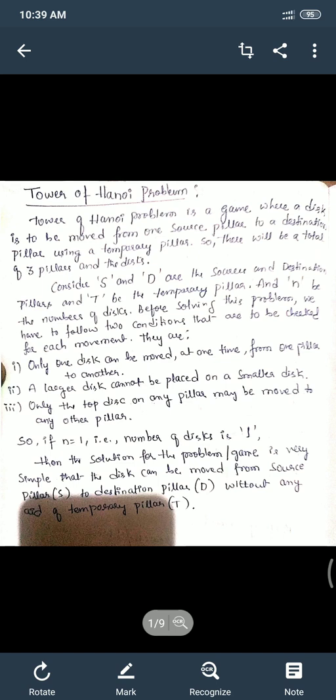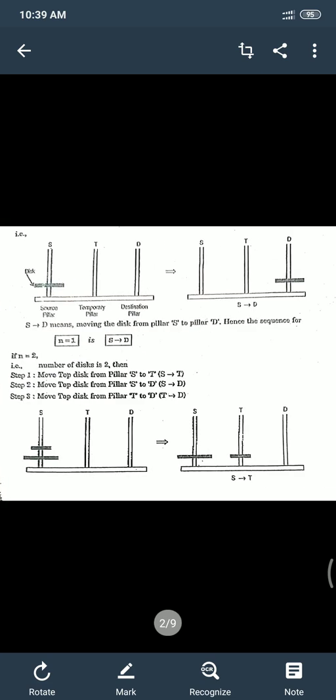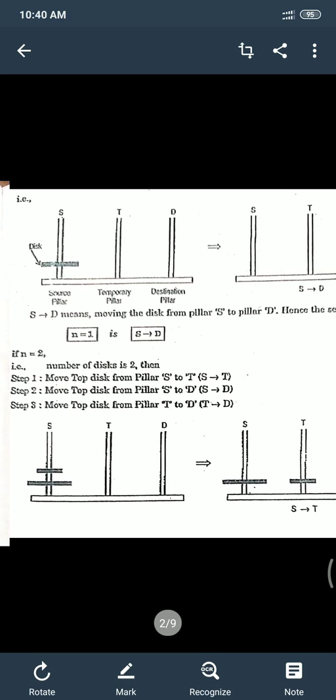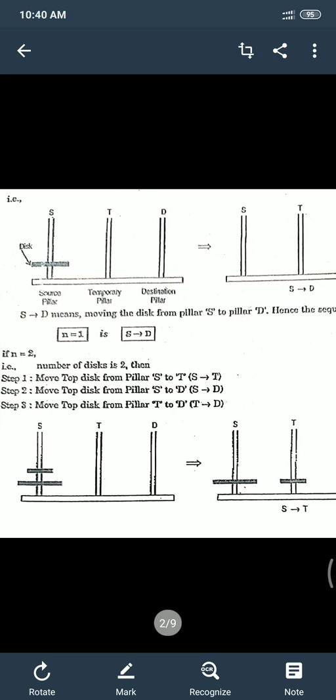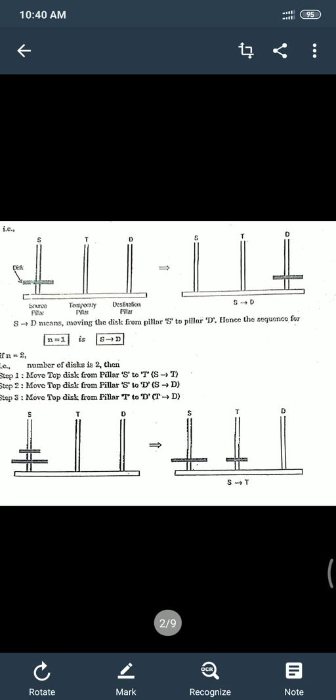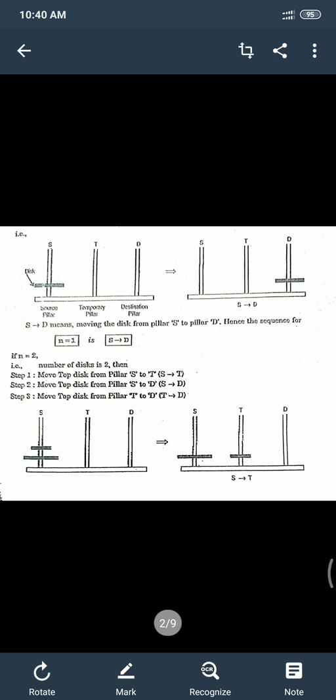I would like to show you this example. If the source pillar has only one disk, that is, the n value is 1, it is very easy, with no need of a temporary pillar. That has been explained here. Step 1: move the top disk from S to the destination.